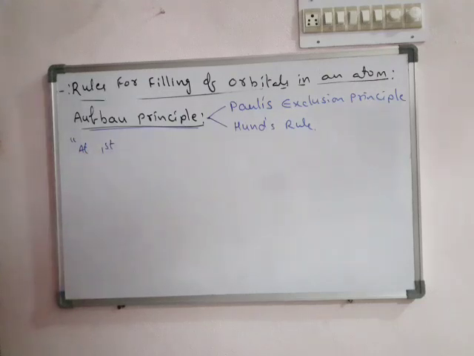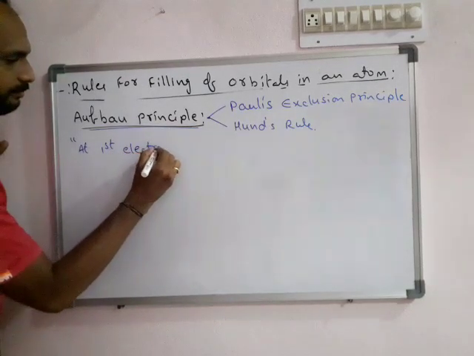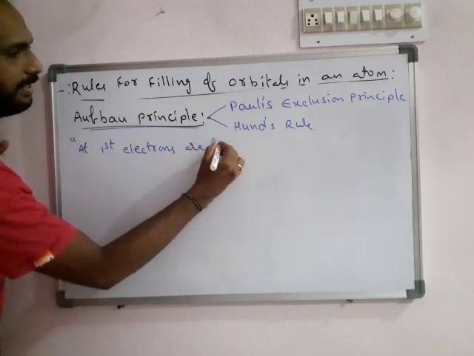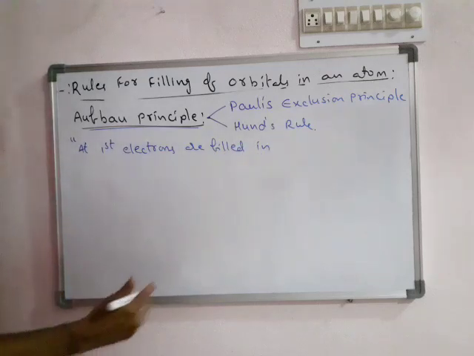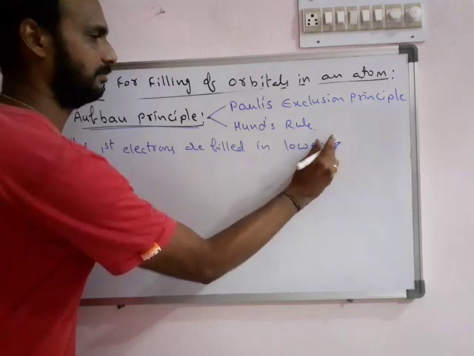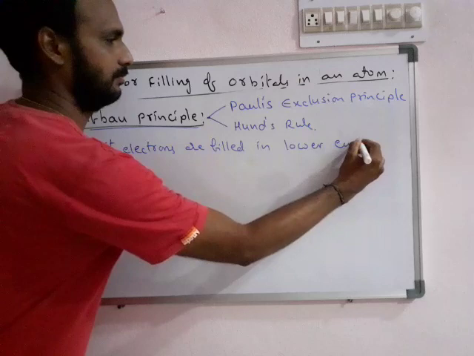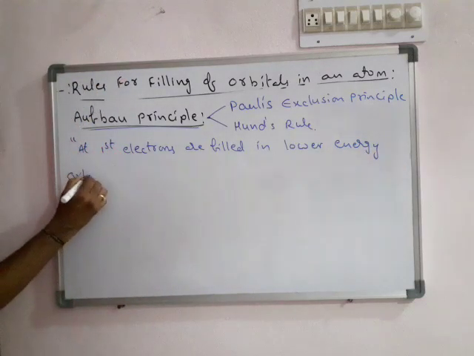At first, electrons are filled in lower energy orbitals.